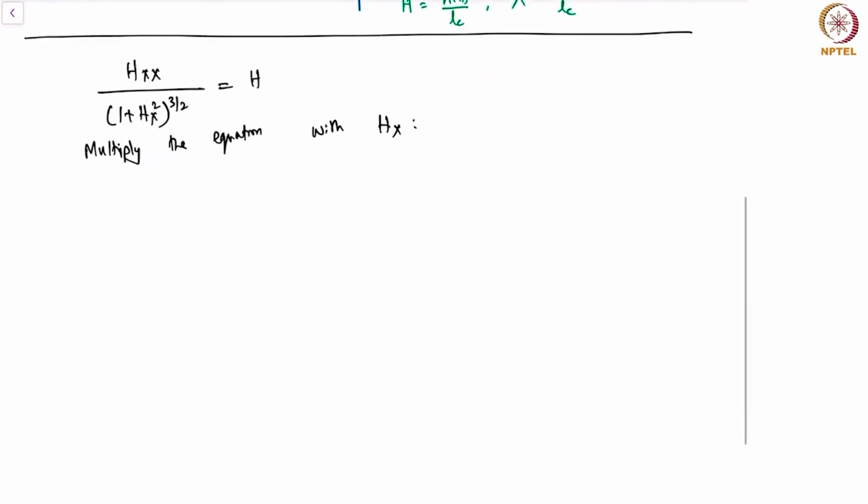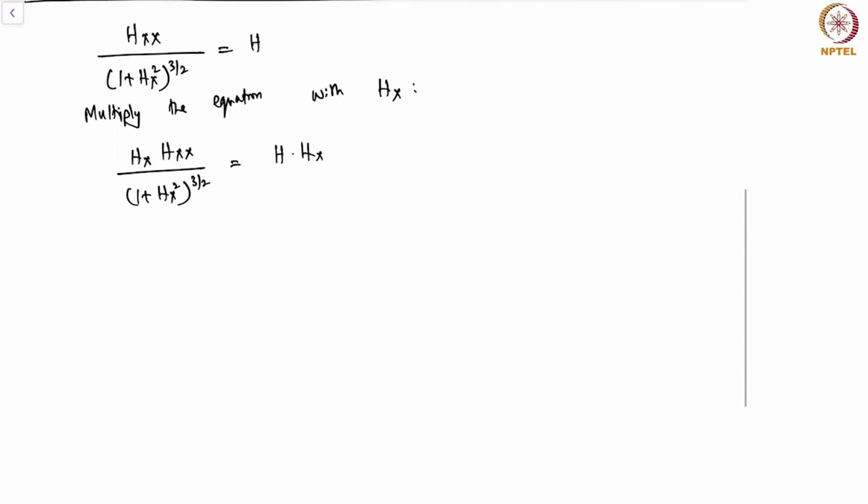If we do this, then we have hx times hxx by (1 plus hx square) whole power 3 by 2 is h times hx.